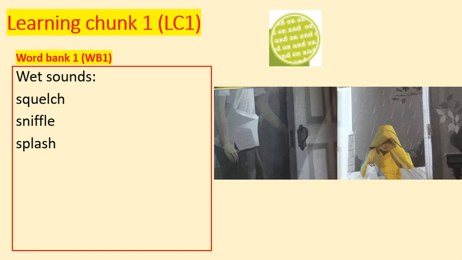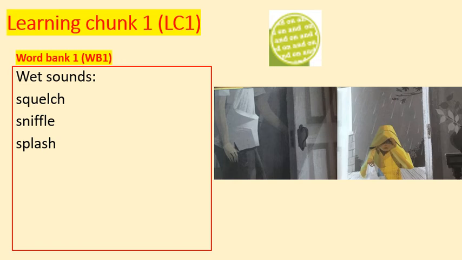So let's get started. You can see that we've got learning chunk 1, word bank 1. And today we're going to share these images of Dad opening the front door to the little boy who stood on the steps. And we're going to gather a bank of wet words, wet sounds that the little boy might be making.